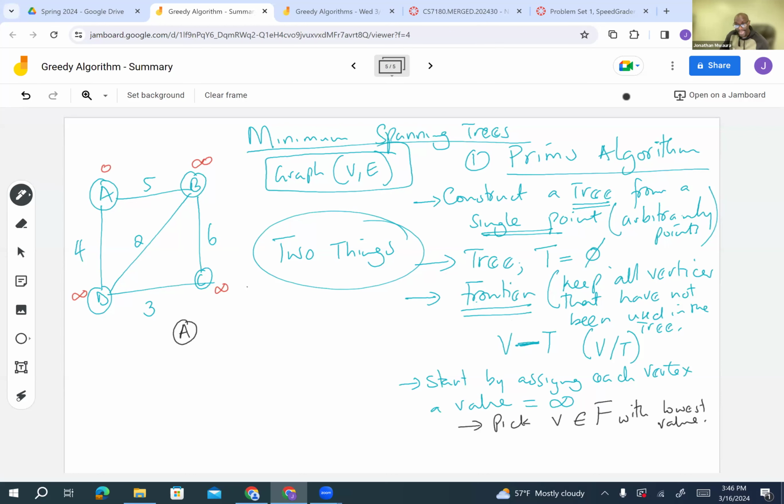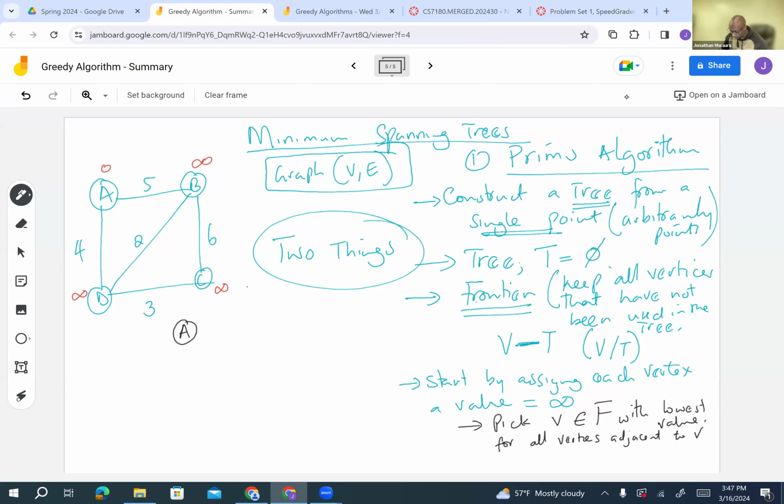Once we pick A with the lowest value, remember, this is the priority item, so to say. Then this is what we are going to do for all neighbors of A, for all vertices adjacent to the V that we have just picked.